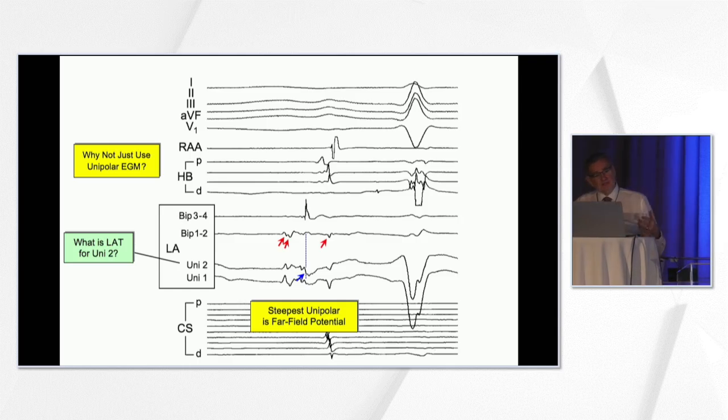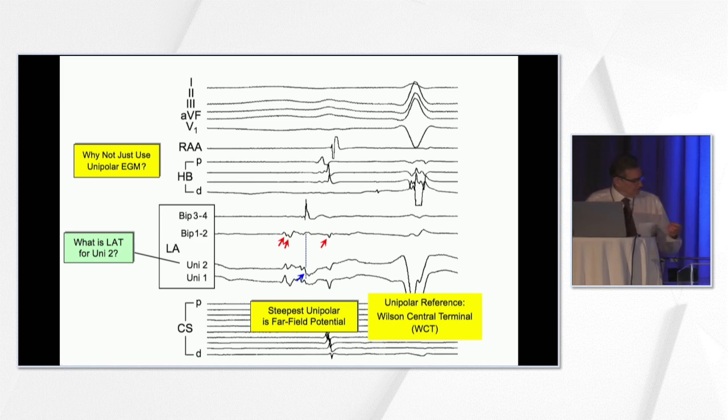And the reason is, traditionally, we have used the Wilson Central Terminal for the indifferent electrode that Pascal was talking about. If you look at the distance between the electrode that you're actually measuring, what he referred to as the input on the differential amplifier, called the different electrode, and the reference electrode, they're very far apart.